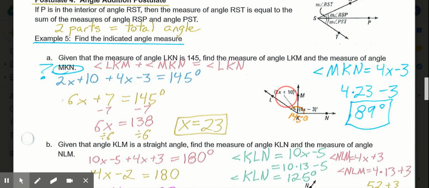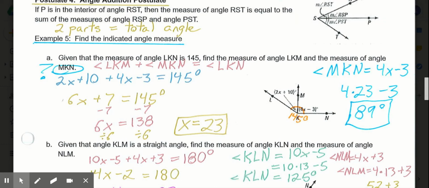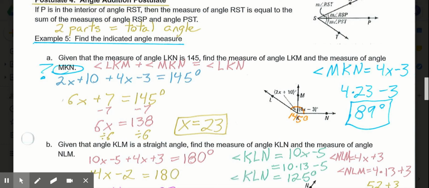So 145 minus 89, which, if I'm not mistaken, mental math would be 56 degrees. So LKM is 56 degrees. And we can double check that. We could plug 23 into 2x plus 10. 2 times 23 is 46, plus 10, 56.